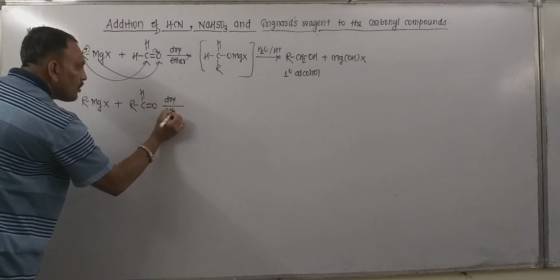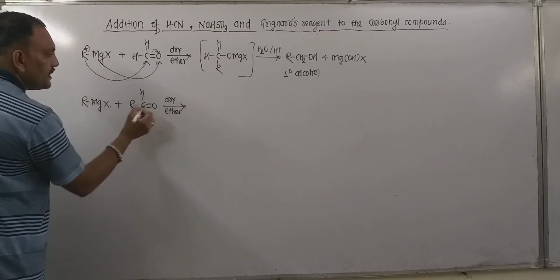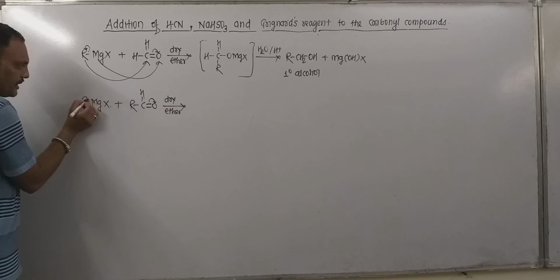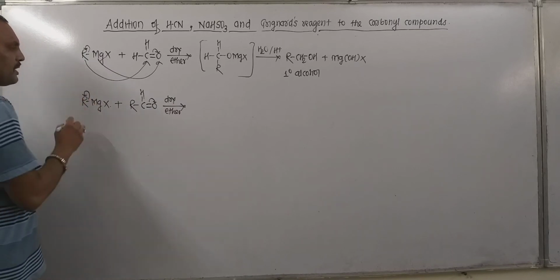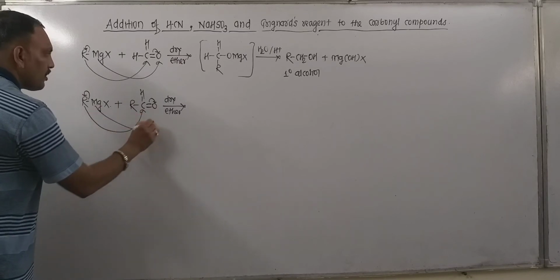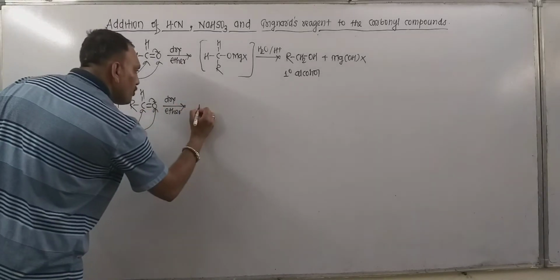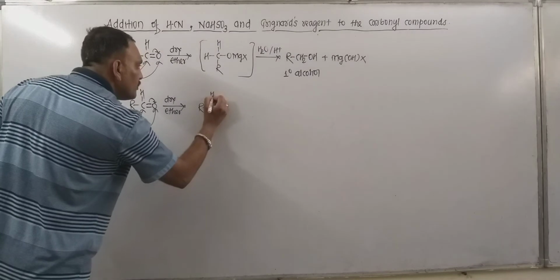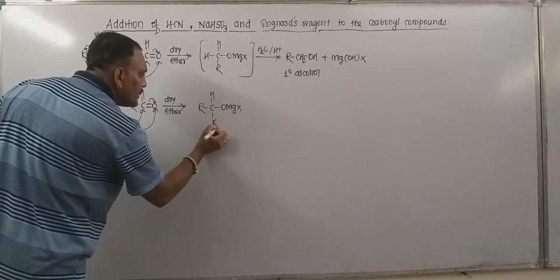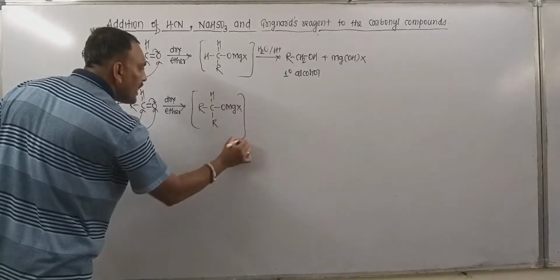So in presence of dry ether, when we react these things, now we know very well this group is a polar one and magnesium is a metal, so the electronic shift may be represented as. So the addition of Grignard's reagent to the carbonyl group can be shown as, so this leads to the formation of an addition complex which can be given as.